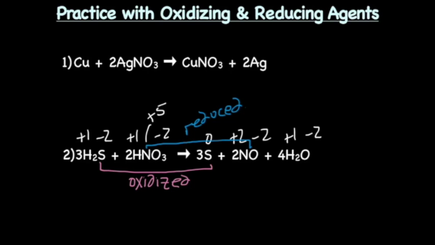Well, sulfur from the reactant side to the product side has been oxidized, meaning sulfur lost some electrons. Where did those electrons go? Who took them? The nitrogen. So our oxidizing agent is going to be HNO3.